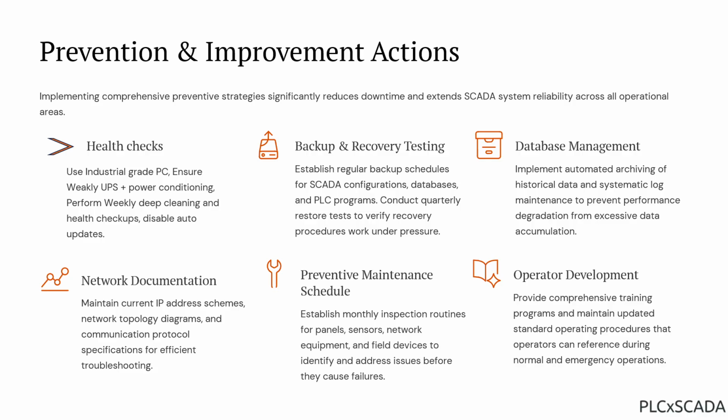Now to avoid human errors, we have to train the operator in basic troubleshooting, implement a user role and password policy, use version control for PLC and SCADA, and disable USB drives in the control room.